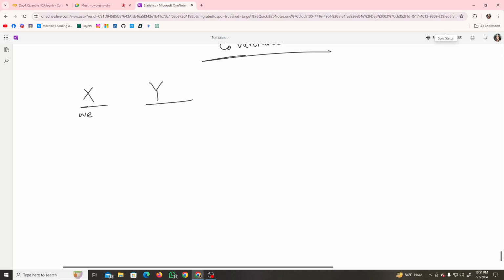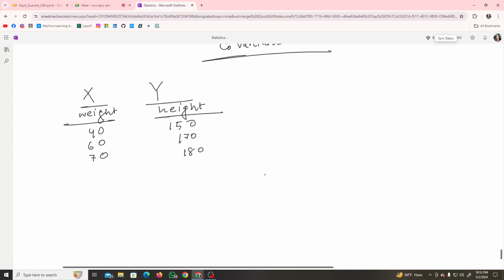Suppose this is your weight and this is the height. Suppose you get 40, 150, then 60, 170, then 70 and 180.